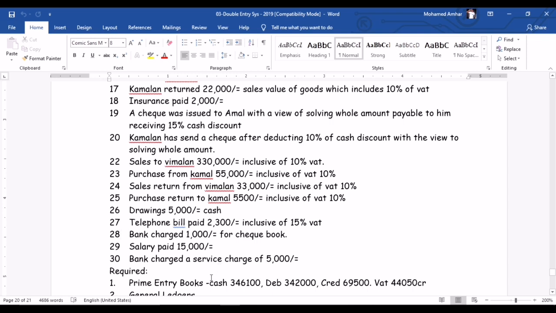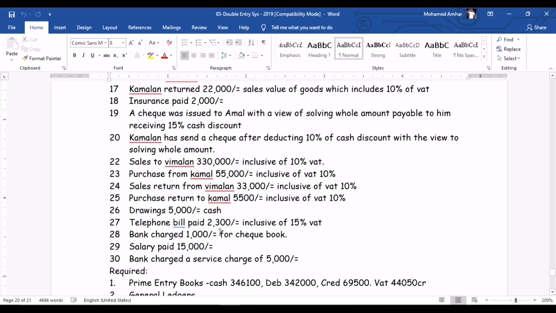The bank statements we receive at the end of the month usually. So actually we can't record this checkbook charge of 1,000 on the same day 28 in the cash payment journal. We can't write it because we don't know, because the bank is sending the bank statement after the month end.